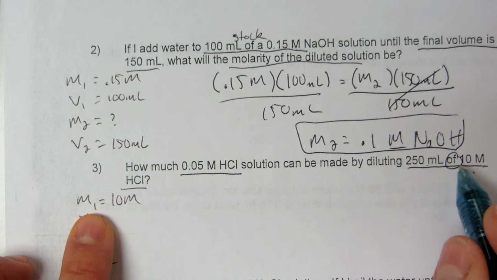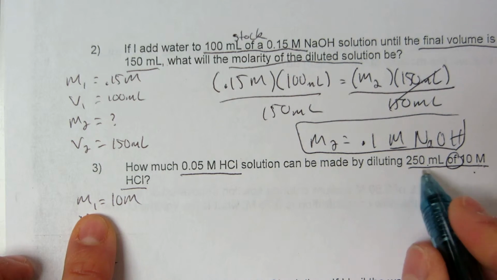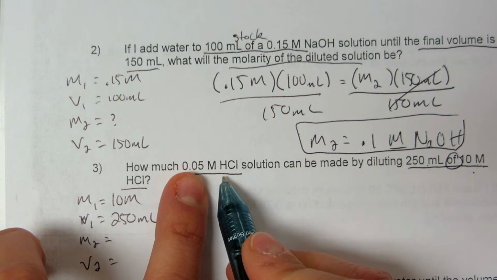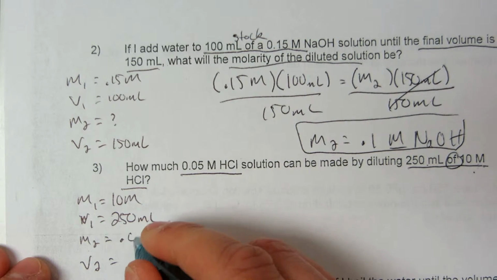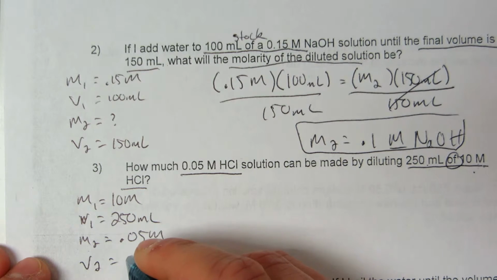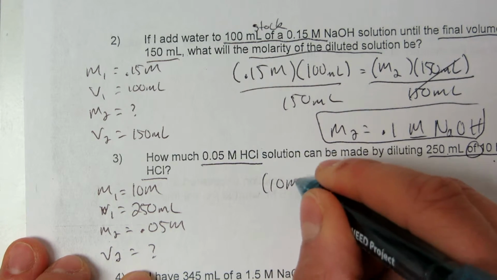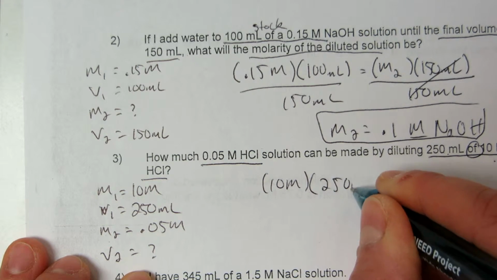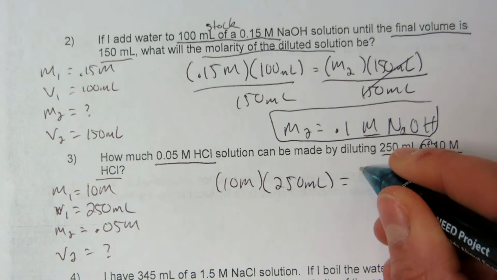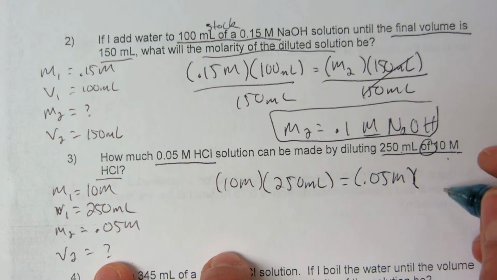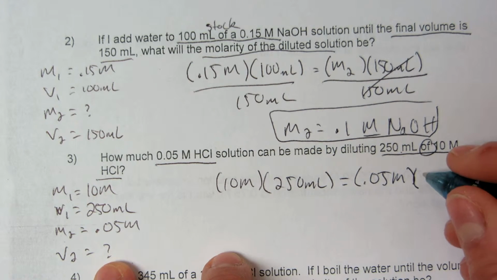So this 250 is for the 10 molar, so that must mean that's your V1. The new concentration, the weaker one, is 0.05, and we're going to figure out what your final volume is going to be.